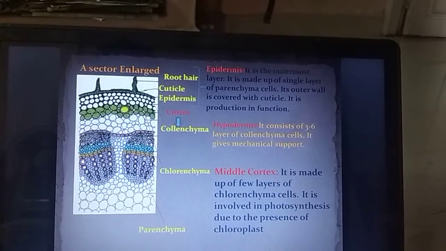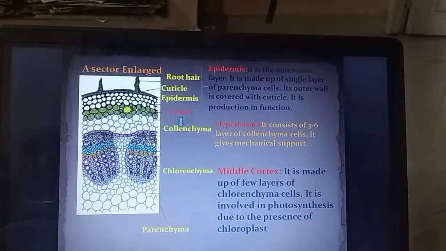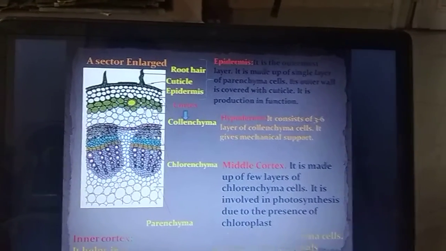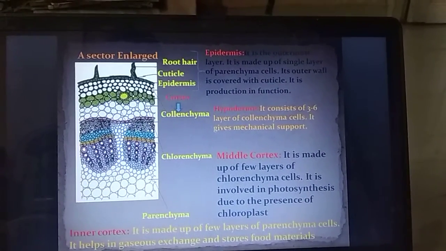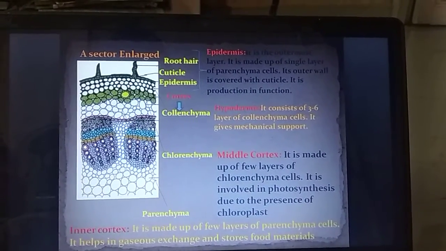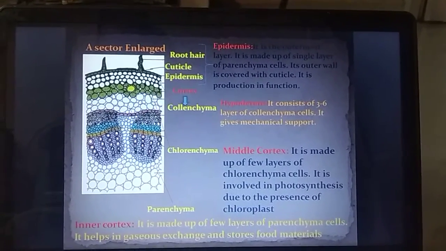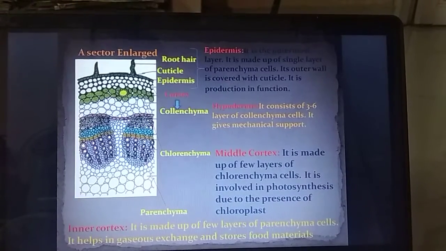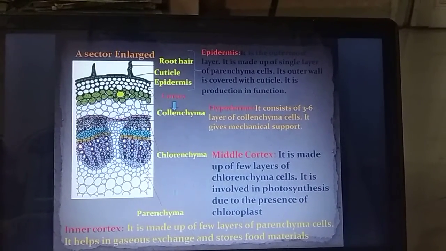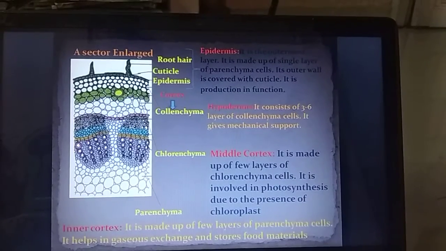Next, parenchyma. It is made up of a few layers of parenchyma cells. This is the inner cortex. Cortex is of two types: the outer cortex, the green chlorenchyma layer, and the white layer, the inner cortex.